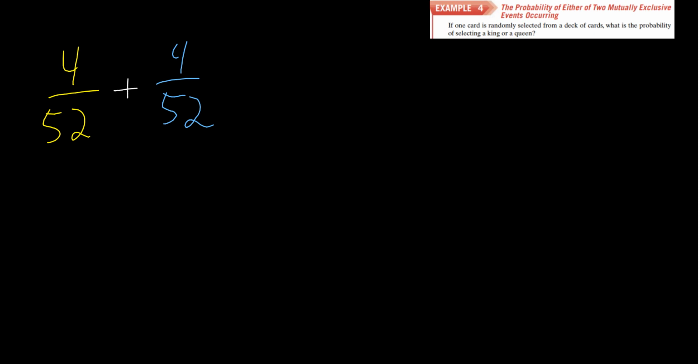Let's fix up this 4 just a little bit. Well, then 4 plus 4 is 8, 8 over 52, or what? 4, 26, 2, 13, so 2 over 13. That is the probability of me selecting a king or a queen.